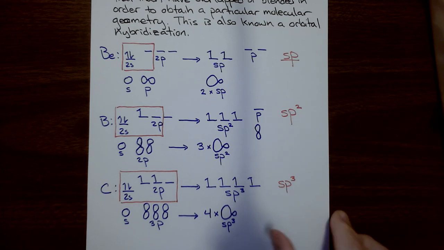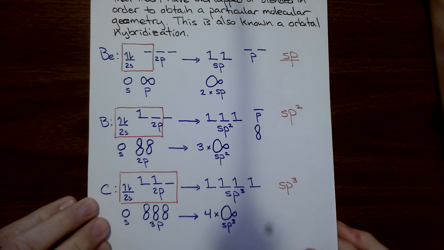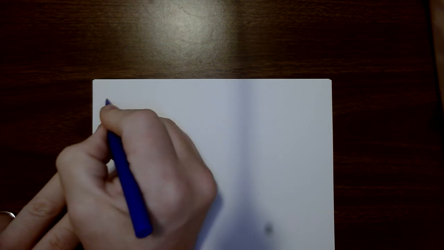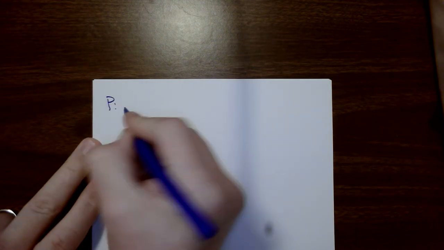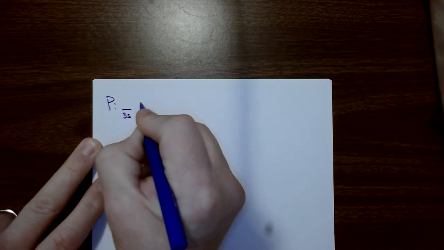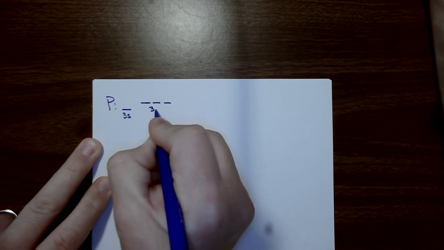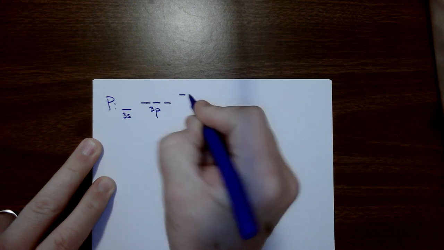Let's look at 2 more. Let's look at phosphorus and sulfur and see how they hybridize. The next would be phosphorus. Phosphorus, remember, is on the 3rd energy level, so it's got the 3s, the 3p, and it's got 3d orbitals that are available.